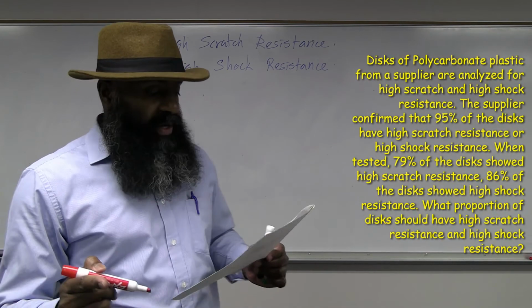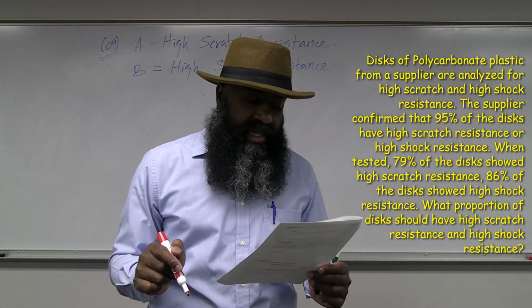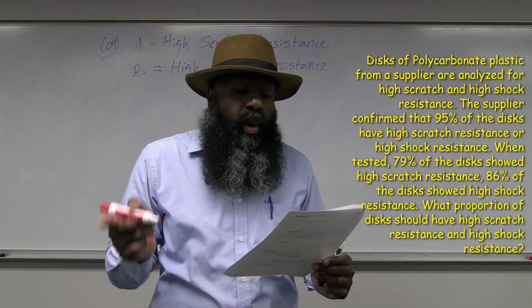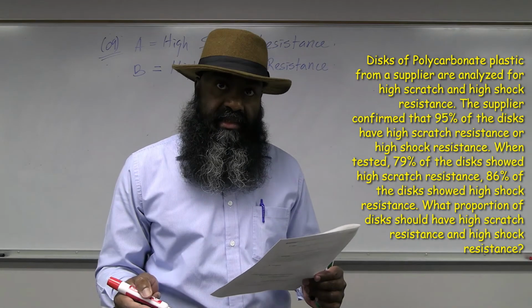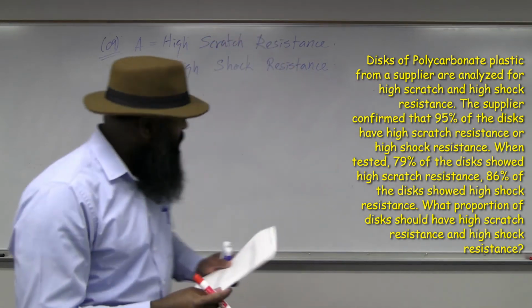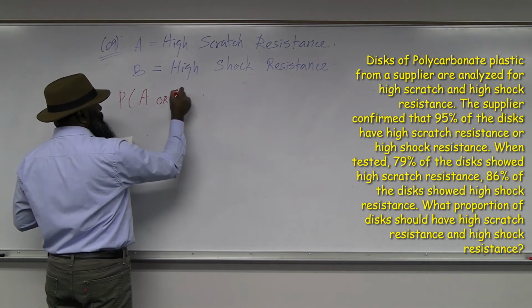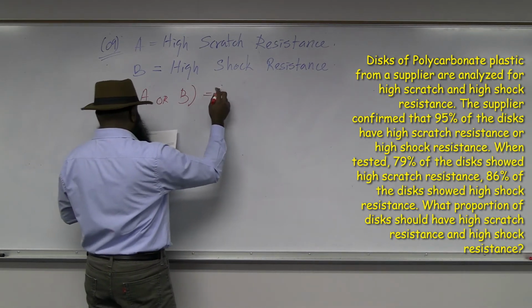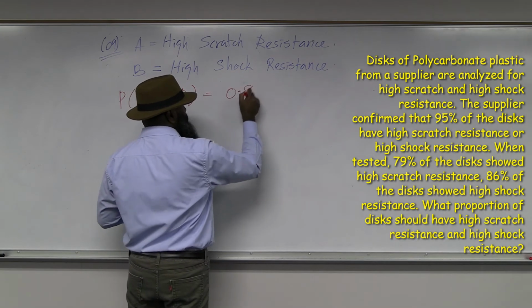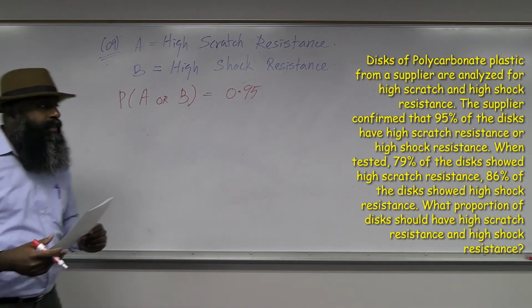The supplier confirmed that 95% of the discs have high scratch resistance or high shock resistance. That means probability of A or B is equal to 95%, which I will write as 0.95.